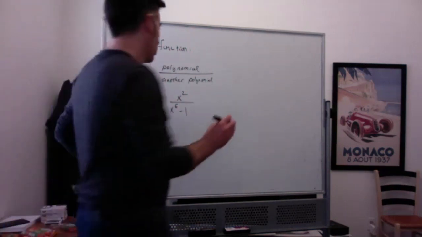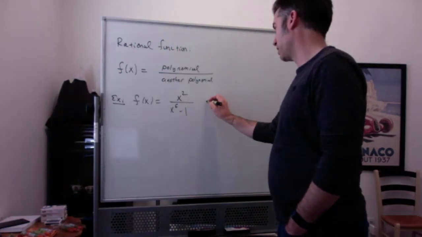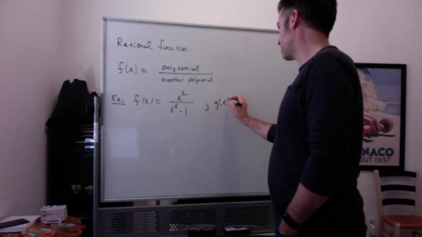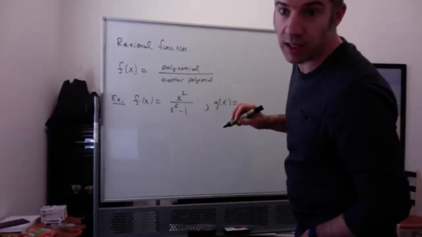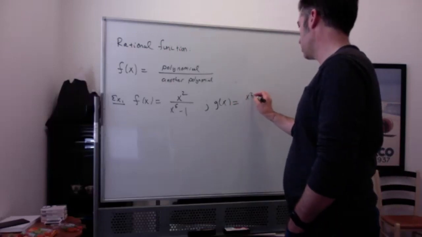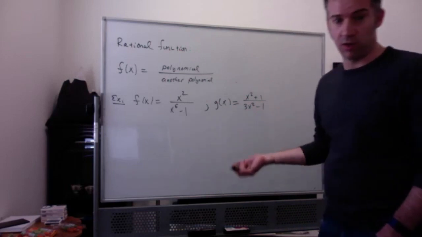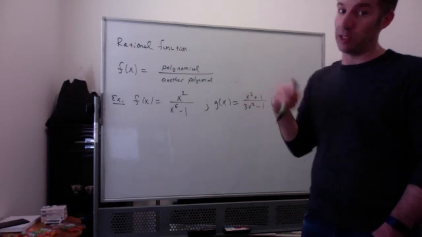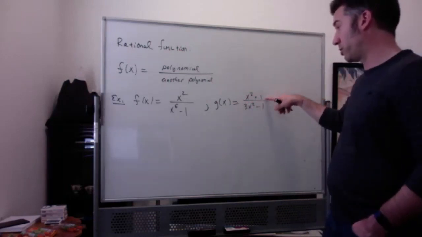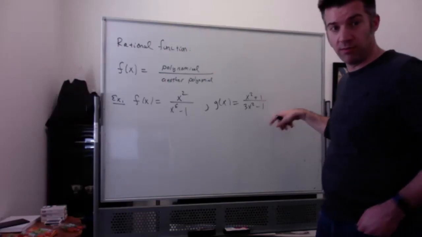Or something like g of x equal to x squared plus 1 over 3x squared minus 1. Also a rational function: degree 2 polynomial on the top, degree 2 polynomial on the bottom.